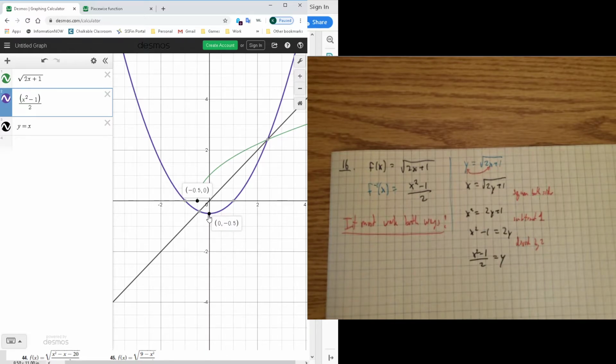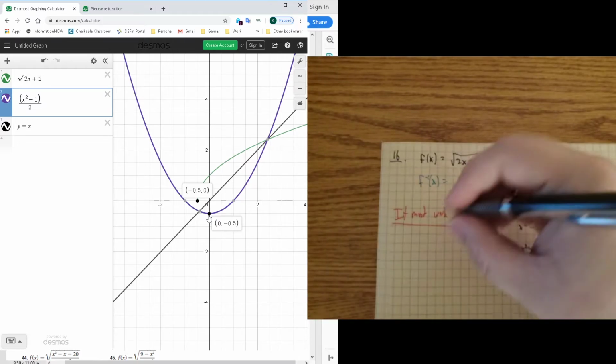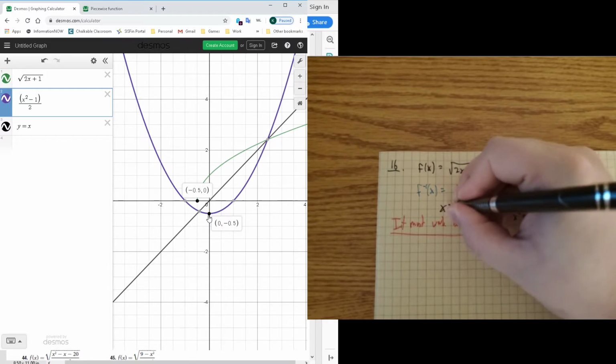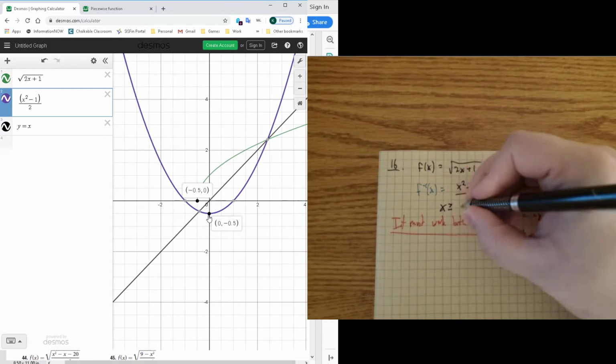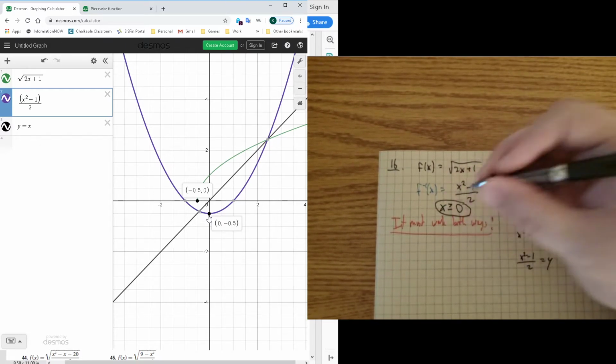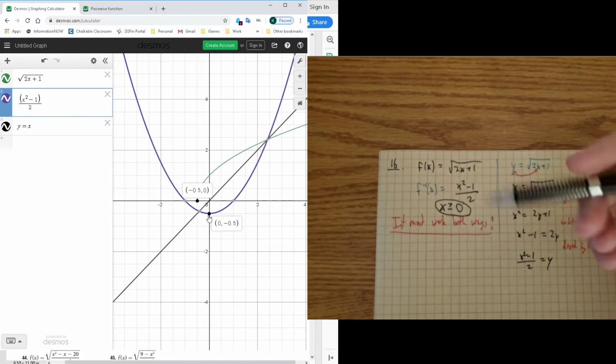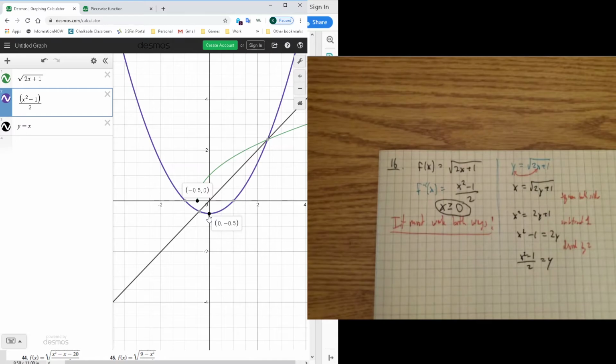How do we get this thing to stop? Well, it turns out, in this function, the domain restriction is x has to be greater than or equal to 0. Because if you look at this function, if x is greater than or equal to 0, then this function would be an inverse.